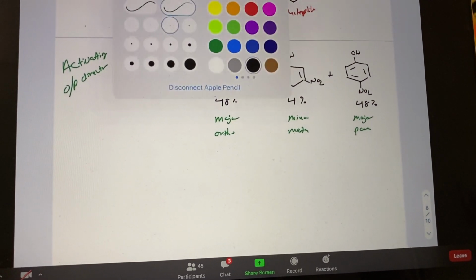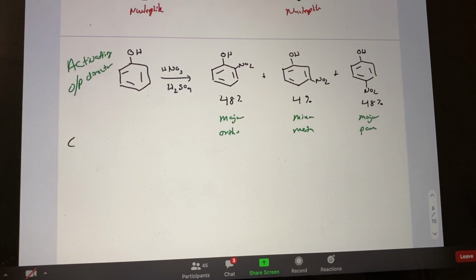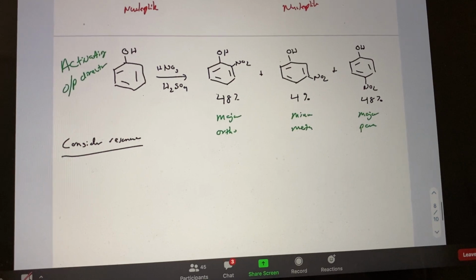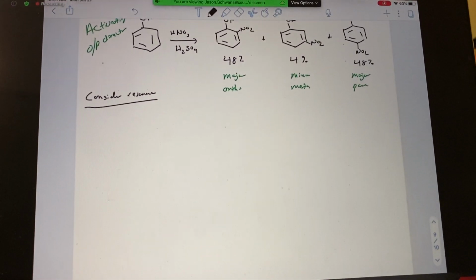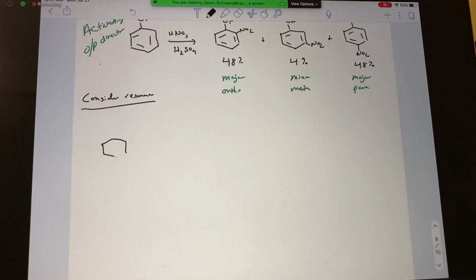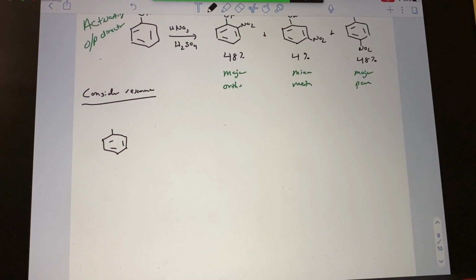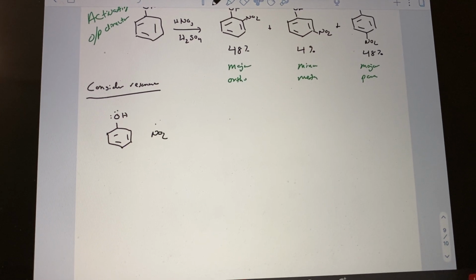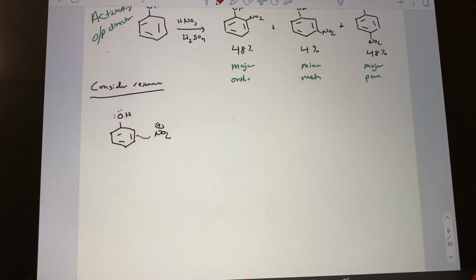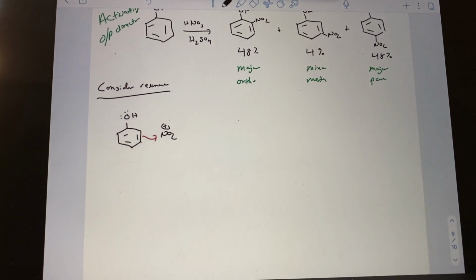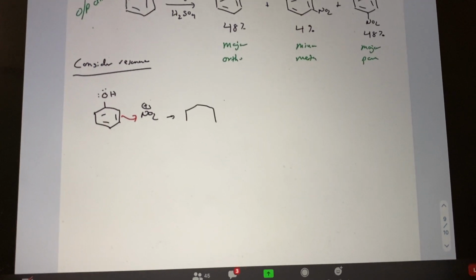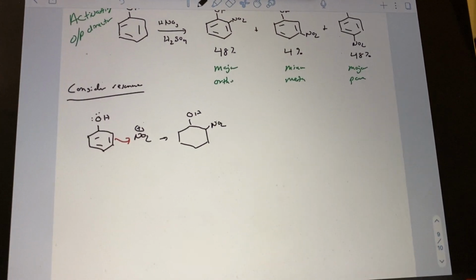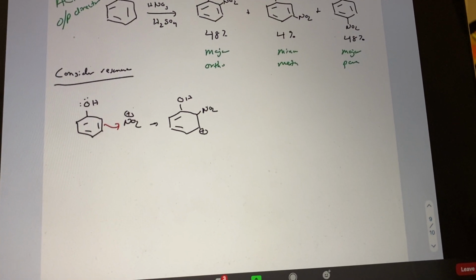When in doubt here, let's think about resonance. And we might not have time to draw all of them, but let's just put the nitro group first at the ortho position. So we start off with our phenol, and we're going to add NO2 plus at the ortho position. So let's put it here. We'll have a positive formal charge here.